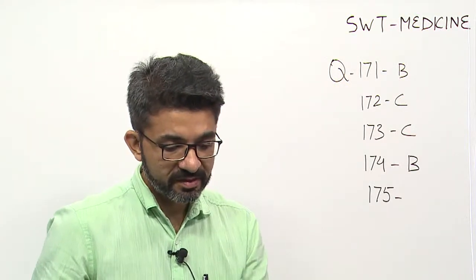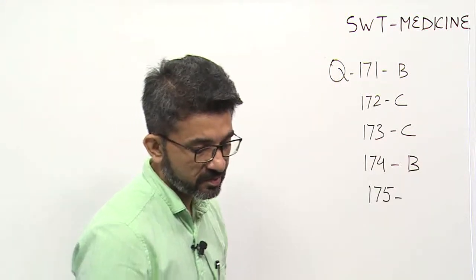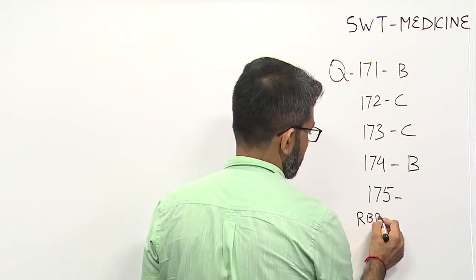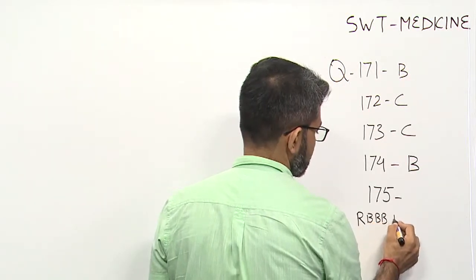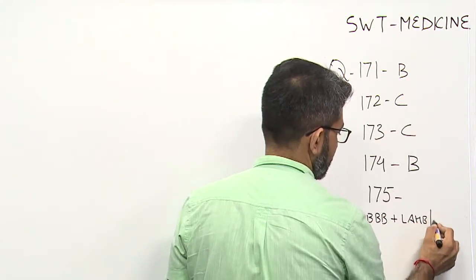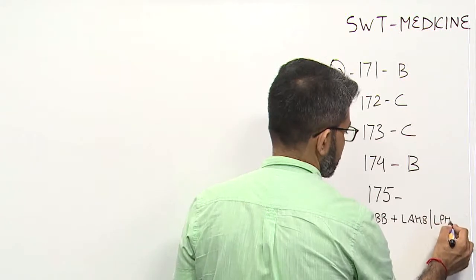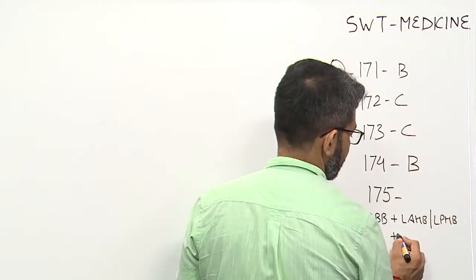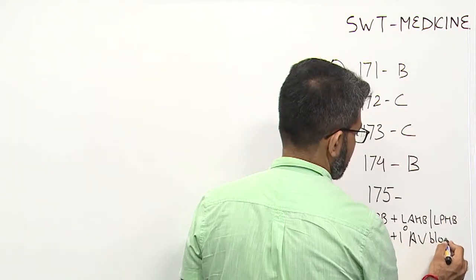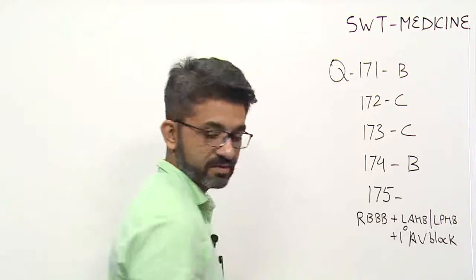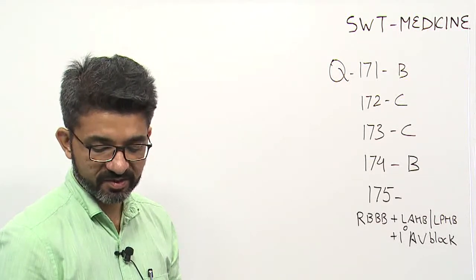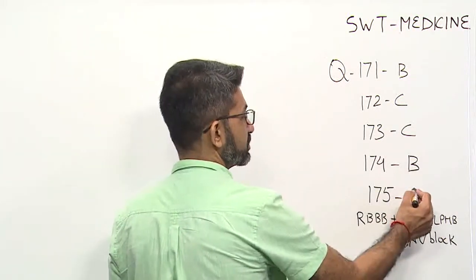Trifascicular block is RBBB plus LAHB or LPHB plus first degree AV block. So, this is trifascicular block. Out of these, answers A, B, C, none of them is correct. So, answer is D.